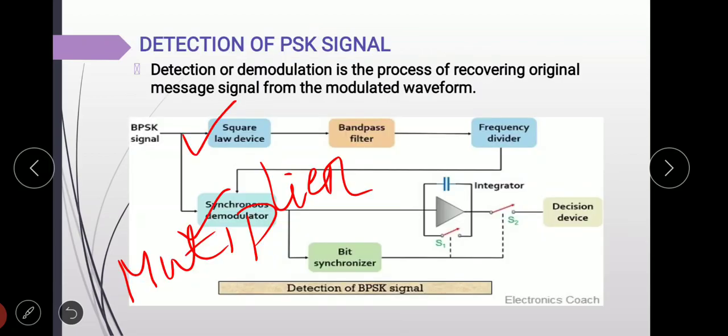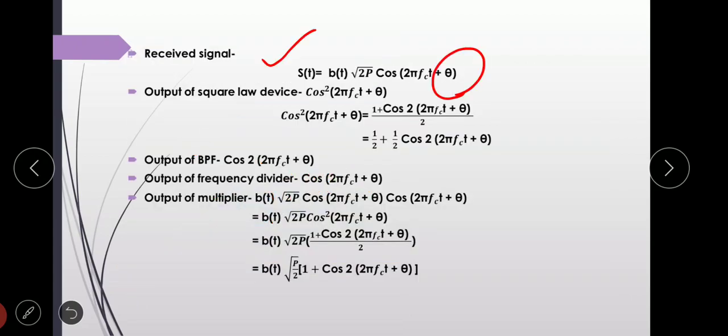So we apply this phase changed received signal to the input of the square law device. Then at the output of the square law device we get this signal. Here only the carrier of the signal is taken into consideration because the amplitude is neglected.